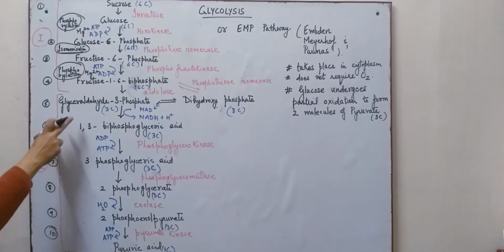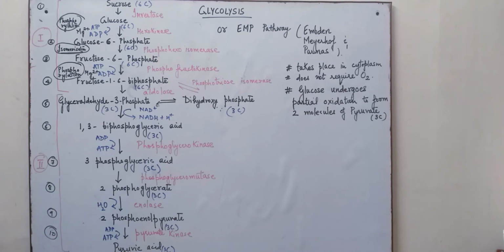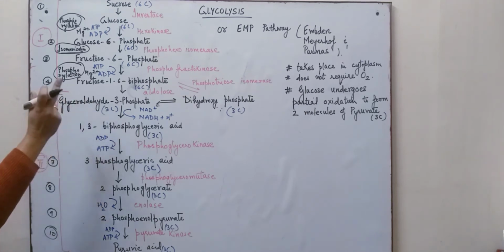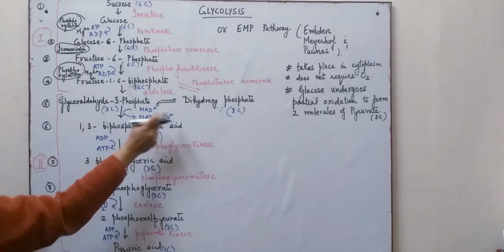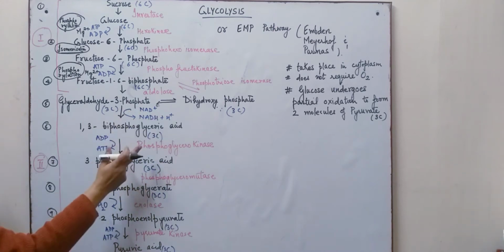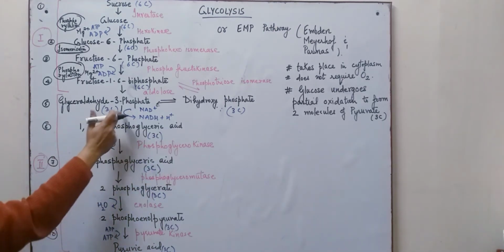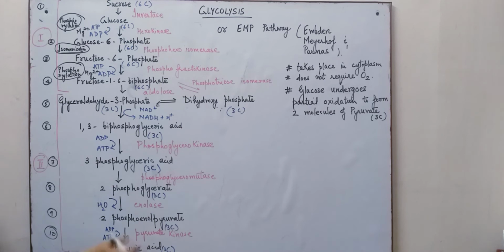Now here the next step is the formation of 1,3 biphosphoglyceric acid. Now here you can see the 6 carbon atom has been broken down into 2, 3 carbon atom, and further it is carried as 3 carbon atom till the end.